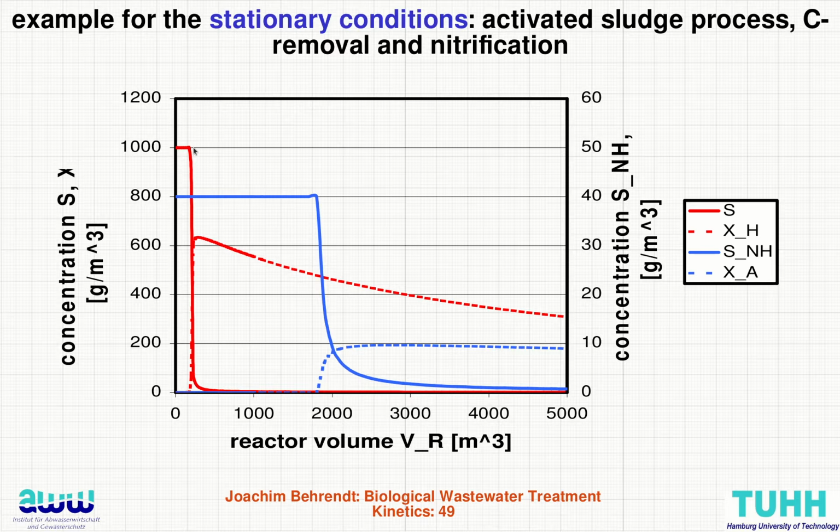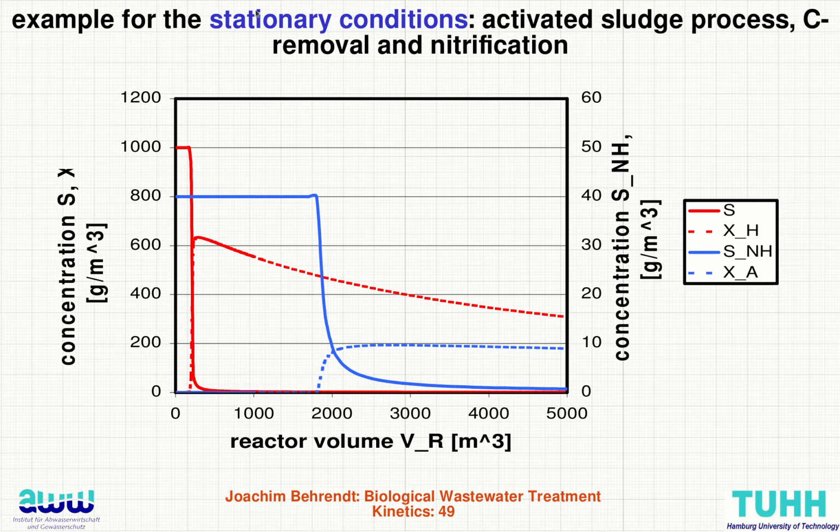The concentration stays constant, and then suddenly the concentration goes down. But the very interesting thing in this case is, if we choose, for example, 1000 cubic meters as the reactor volume, we have nearly 99% degradation of the organic biodegradable fraction and no degradation at all of ammonia, also in steady state conditions.